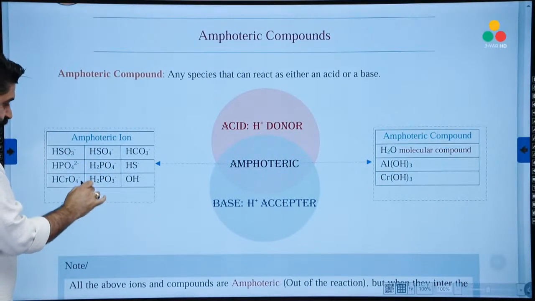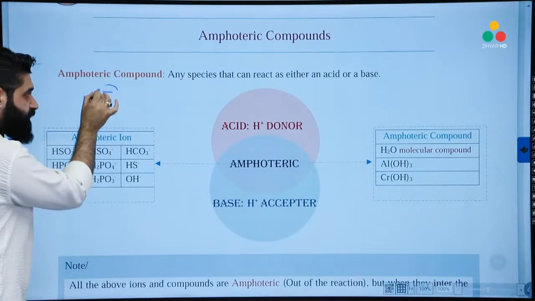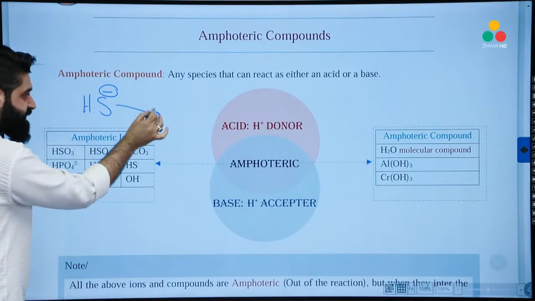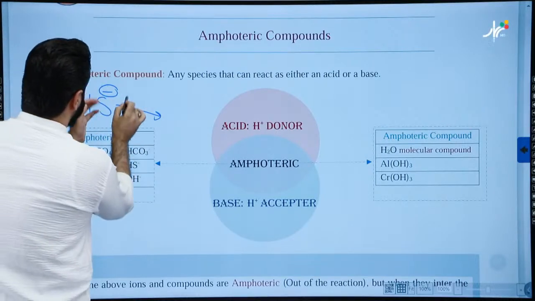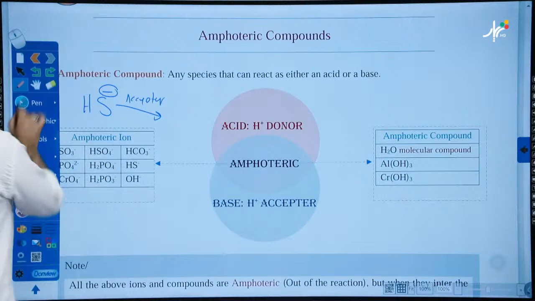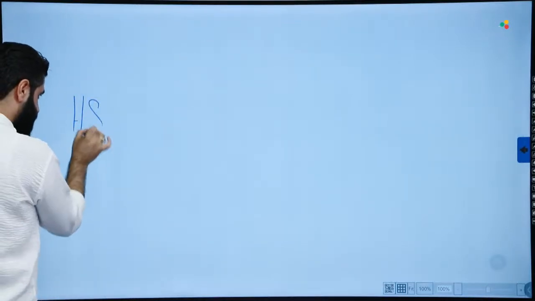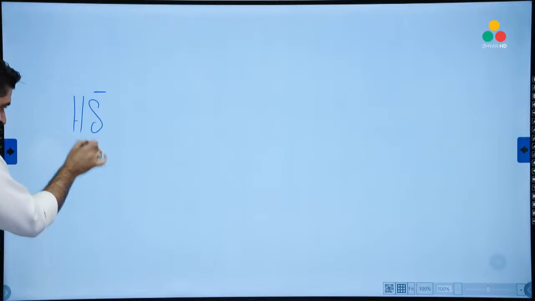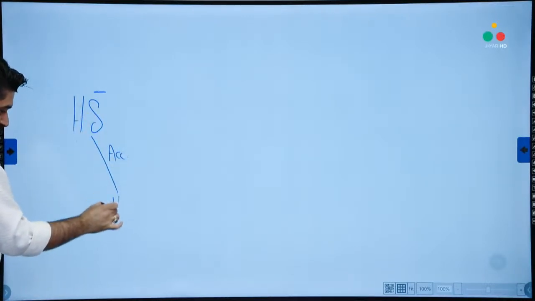Think about HS⁻. Look, HS⁻. For the sake of the negative charge, it can accept a proton to become H2S.